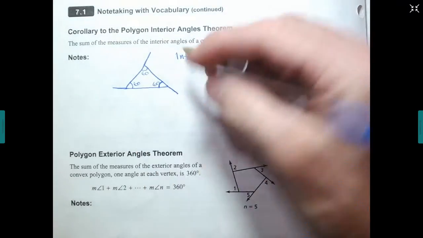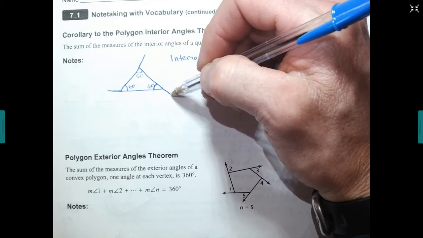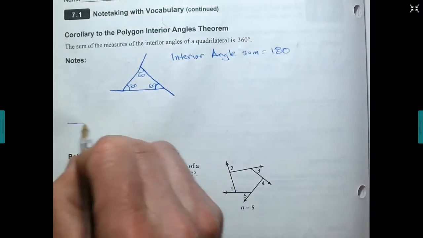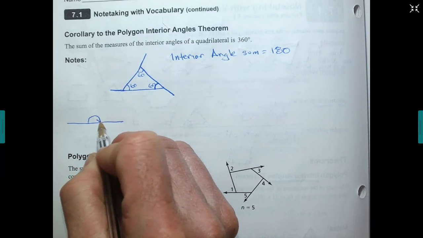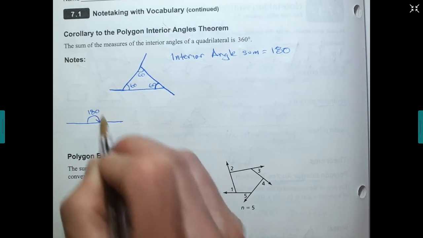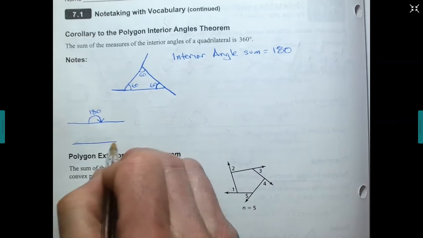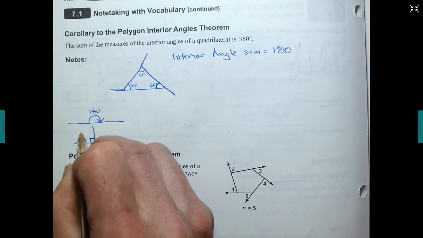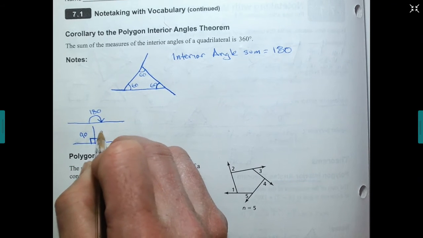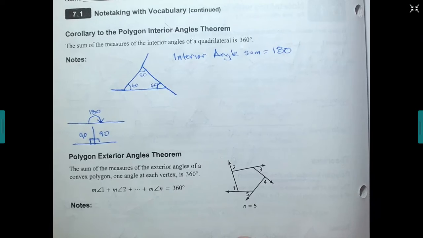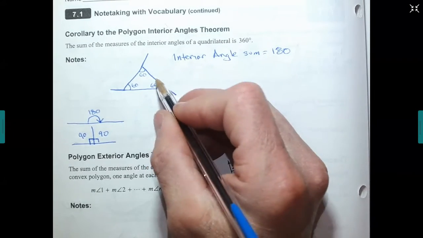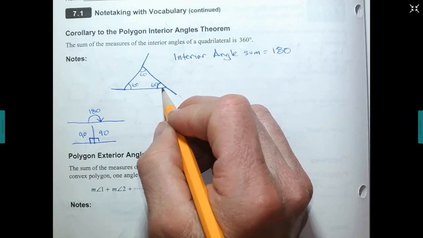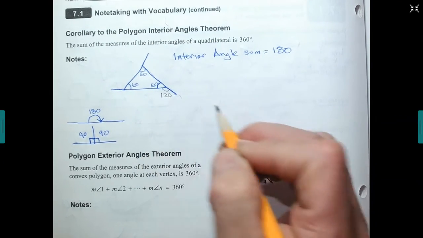Now let's check my exterior. Now a line is 180 degrees, right? A straight line. If I had a straight line and I measured the angle, it would be 180 degrees. And if I cut it at a perpendicular line, this would be 90 and this would be 90, making 180 degrees. So this line is 180. If I subtract 60 from 180, this angle is 120.